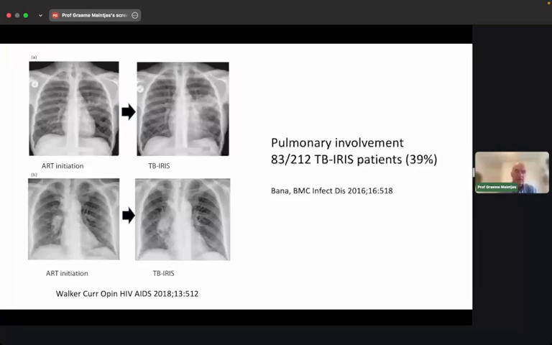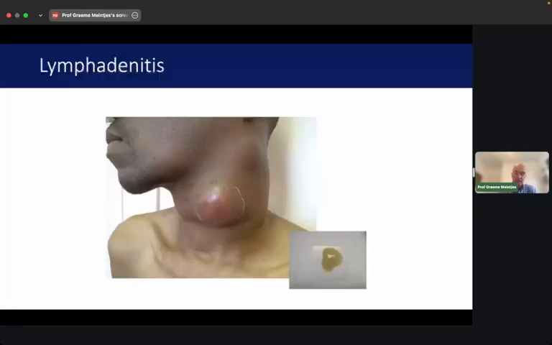In the second patient, in the lower panel, at the time of ART initiation there are right-sided mediastinal and hilar lymph nodes. He then starts ART, develops worsening TB symptoms and much larger lymph nodes in the mediastinal and hilar area. So he has lymph node involvement in the thorax.